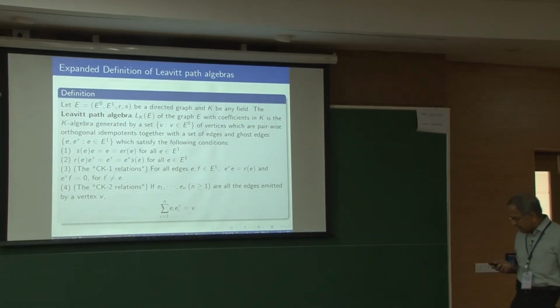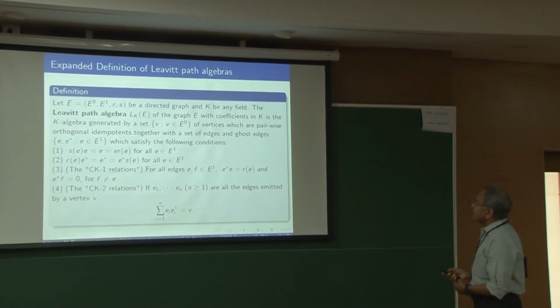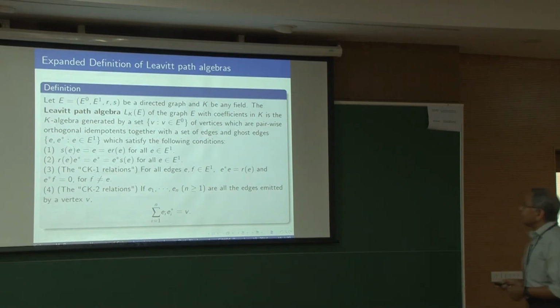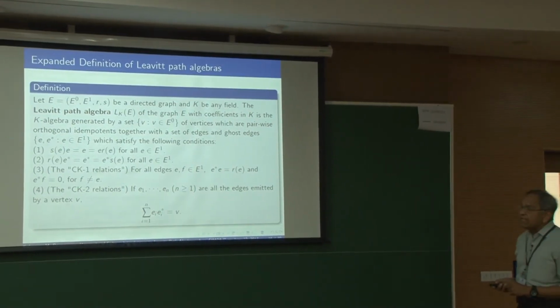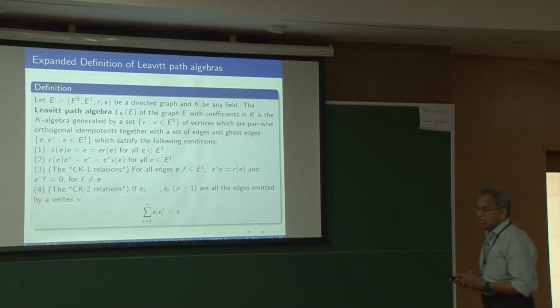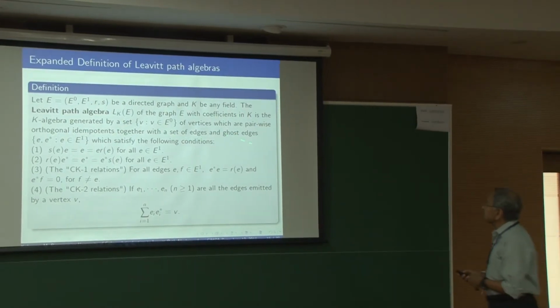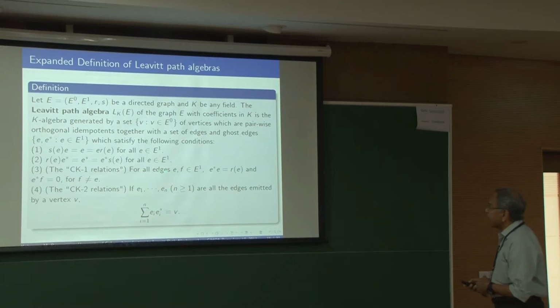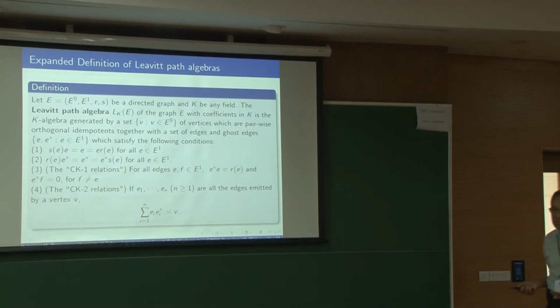You start with a graph E with these vertex sets, then the Leavitt path algebra of E with coefficients in K is generated by the set of all vertices Vi, which are considered as orthogonal idempotents, and the set of edges and ghost edges, E and E star, satisfying these four conditions. First, the source of E times E equals E, E times the range of E is E, and similarly for the ghost edges, and then we have the CK1 relations and the CK2 relations.